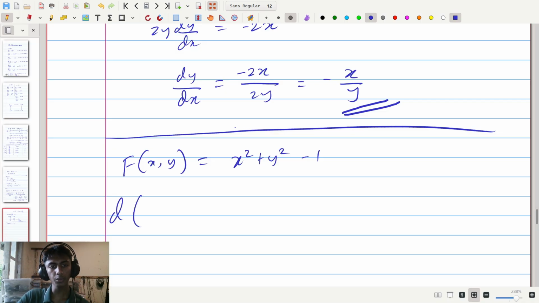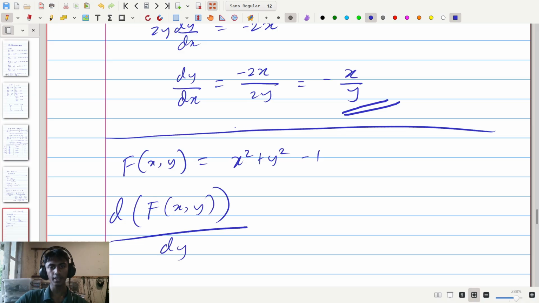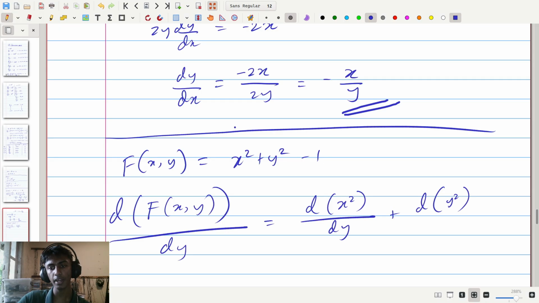And now what we would have is the derivative of x squared with respect to y plus the derivative of y squared with respect to y plus the derivative of negative 1 with respect to y.